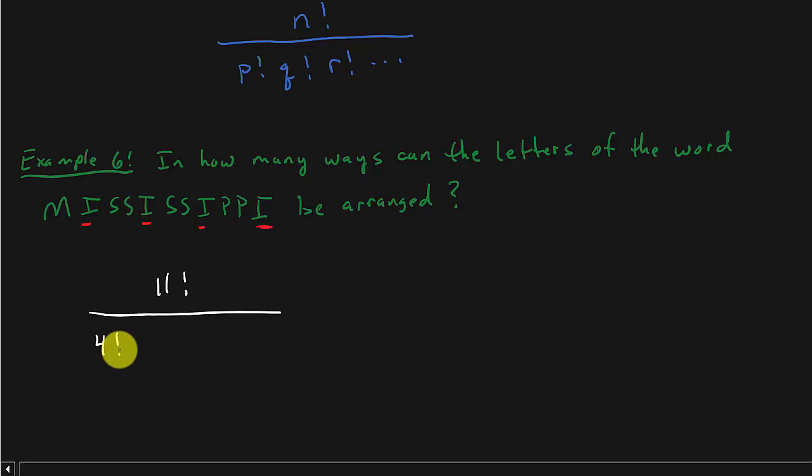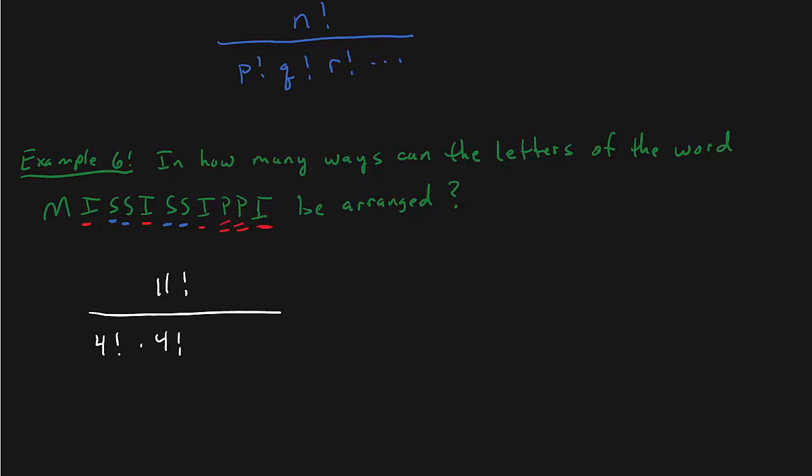And then let's look at the next one that's a duplicate. The S's. I've got 1, 2, 3, 4 S's. And so I've got to divide by that, so times 4 factorial. And then the next one that's a duplicate, see the P's?